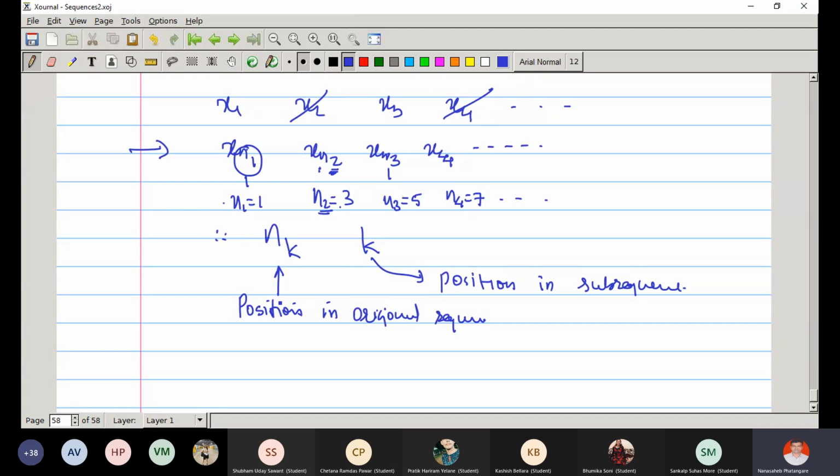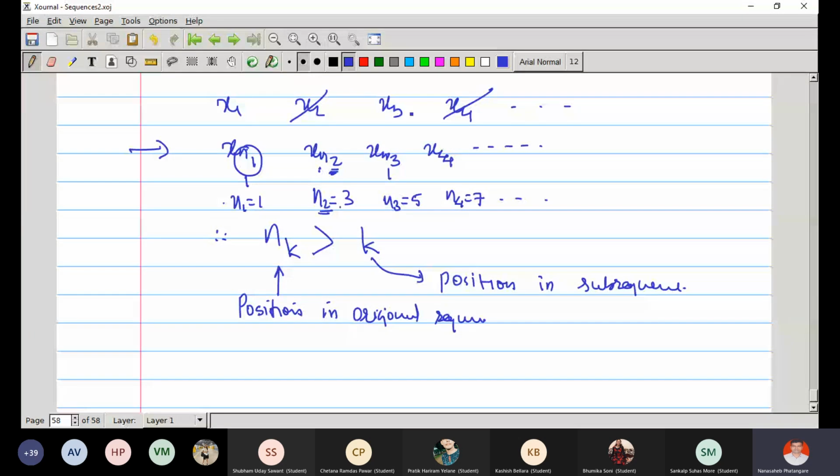Yes, sir. Okay. Now among these, which quantity is greater, n_k or k? n_k is the higher position, because due to deletion of some terms, terms get shifted to the left-hand side. Therefore the position in the subsequence gets reduced.